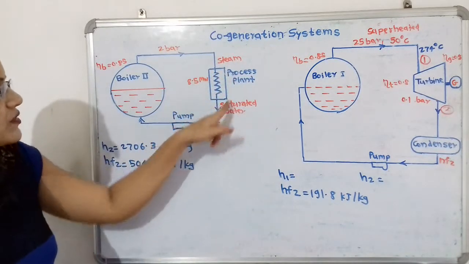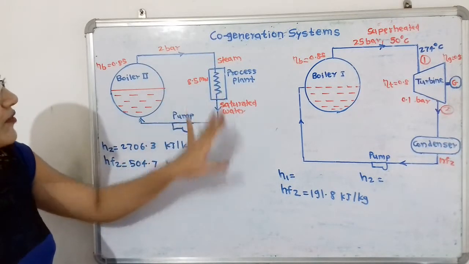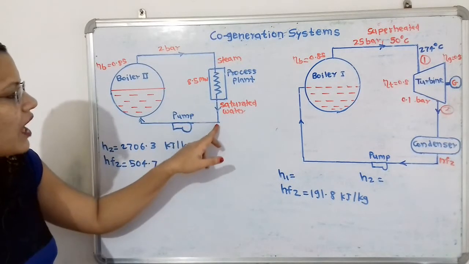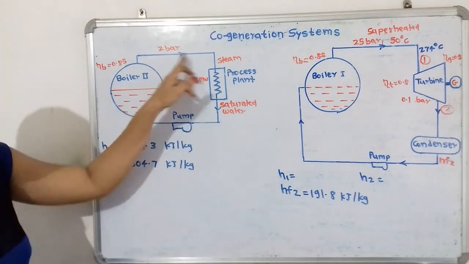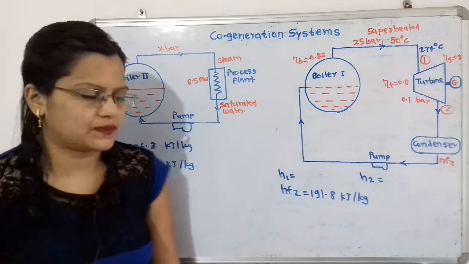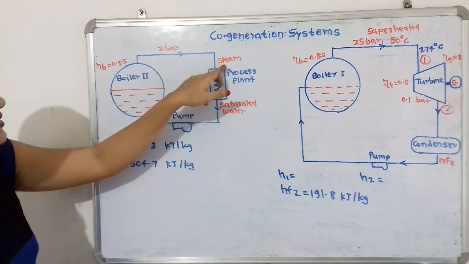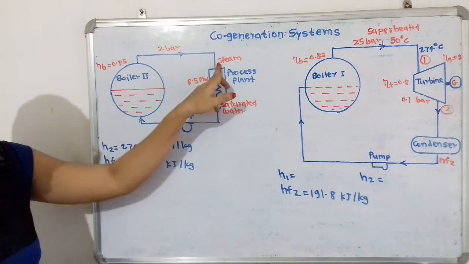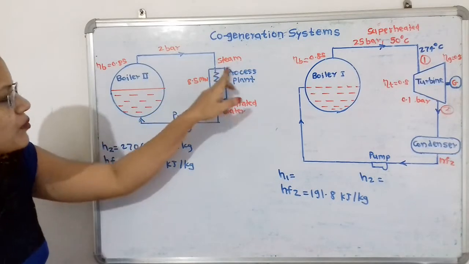In the process plant, heat is provided, that is 8.5 megawatt, and it comes out as saturated water. Here the pressure remains the same at the inlet and at the outlet of the process plant. We will say this is point 2, that is H2 at the inlet of the process plant.